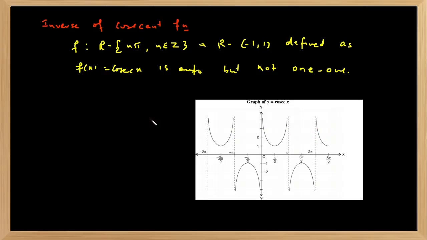So it is not 1-1 and onto, but if I take this portion of the graph from -π/2 to π/2 excluding 0, I have to exclude 0 from this because it will not be defined at 0. So I will get the entire range and this part of the graph.